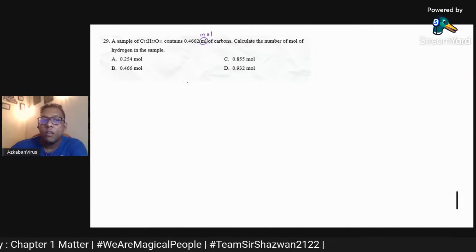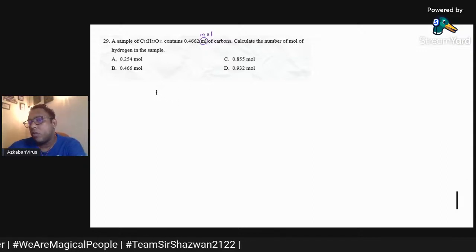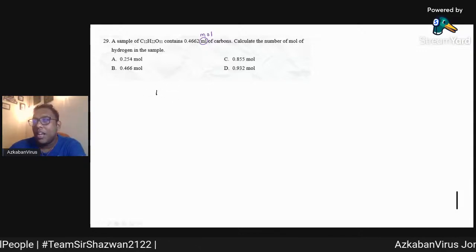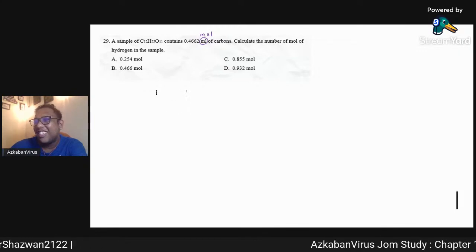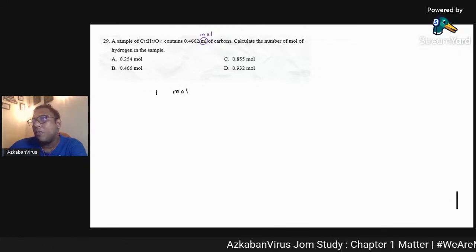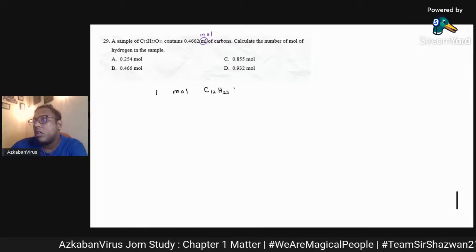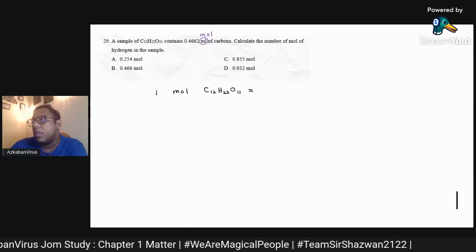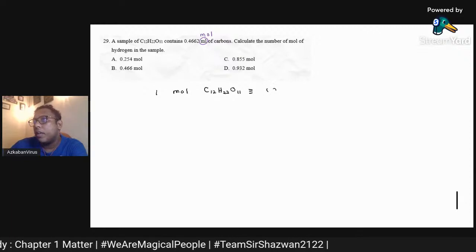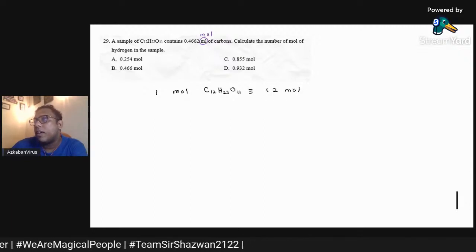Oh, ni senang kan soalan ni. So we know that in 1 mole of C12H22O11 dia ada 12 mole of carbon.